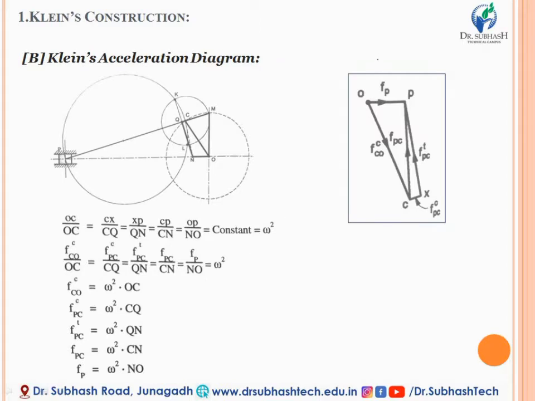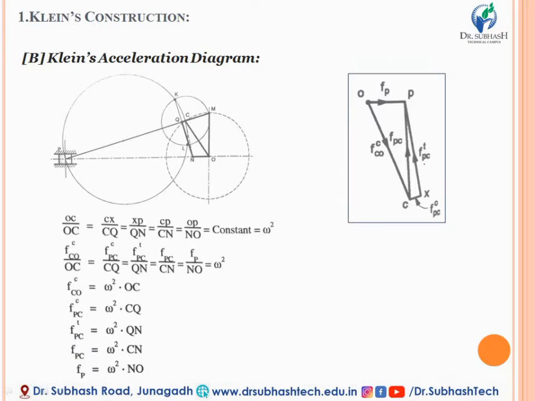On the right hand side, this vector diagram is drawn using the relative acceleration method. Now it's time to compare both diagrams, drawn by Klein's construction and the relative acceleration method.